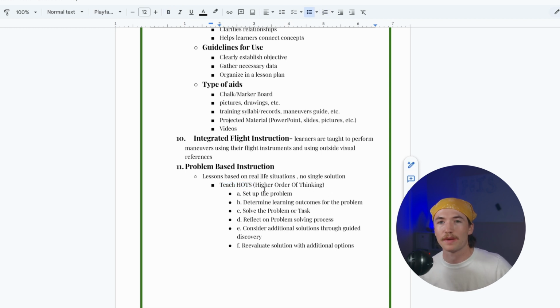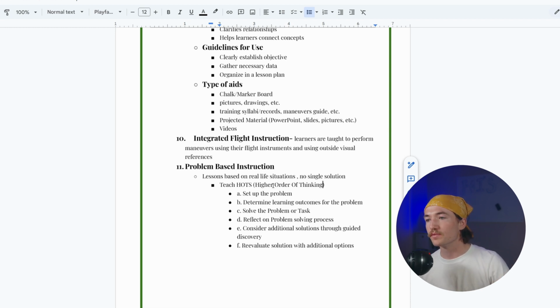And it kind of jots back to what I was talking about earlier, how we don't want to take a brand new private pilot student and try to teach them scenario-based training when they're just trying to learn how to do straight and level flight. But when you start to be able to assess your learners and figure out, okay, they're at this point in their training, it's a really good opportunity to start teaching scenario-based training.